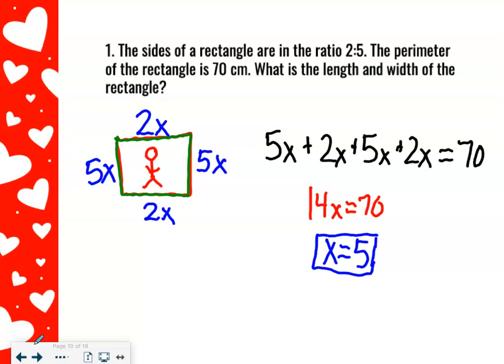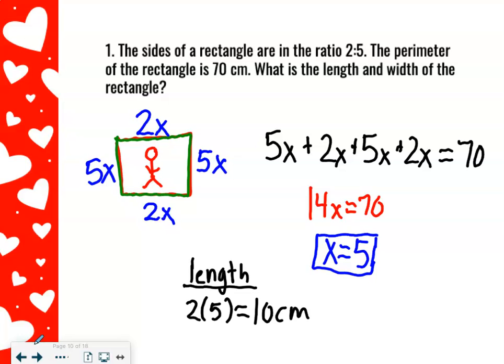Again, folks, if we're going too fast, pause the video, write this down so you have it. And now remember, we have to answer the question, what's the length and width? So our length, since they listed that first, would be 2. So 2 times 5 equals 10, and we are in centimeters.